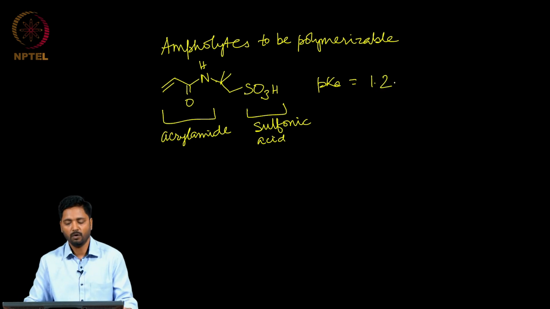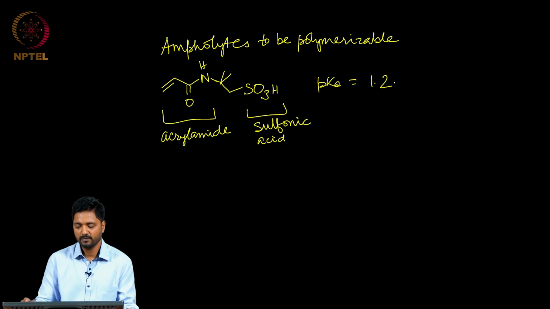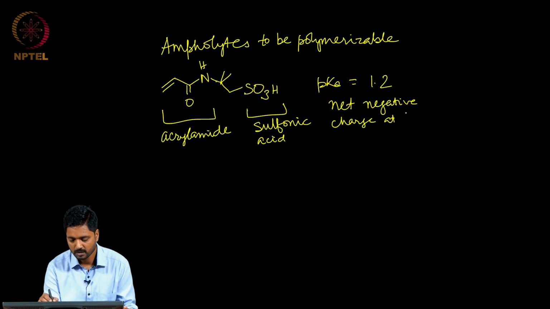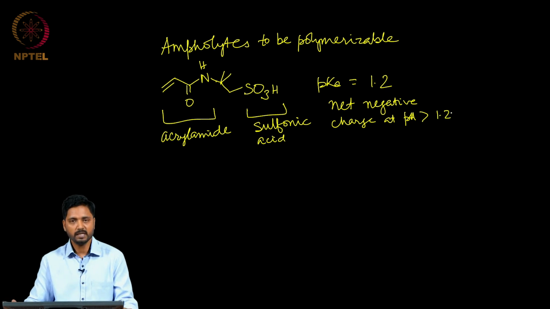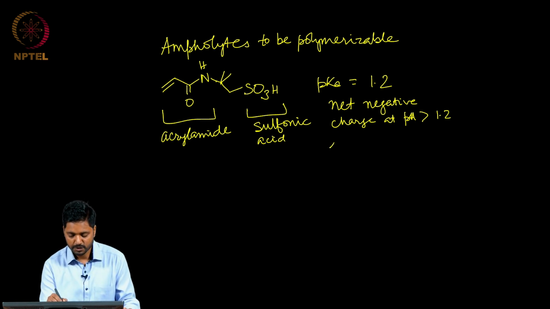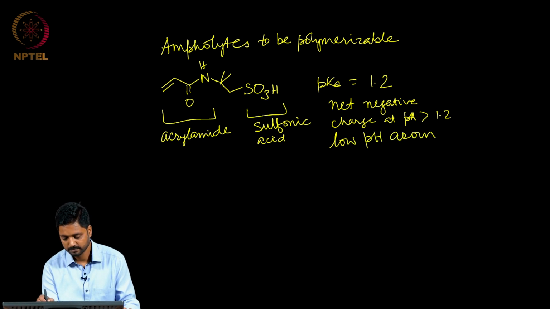So, at all pH values greater than 1.2, this molecule will have a net negative charge, but because of its acidic nature it will create a low pH around it.